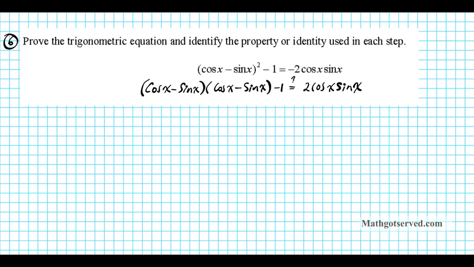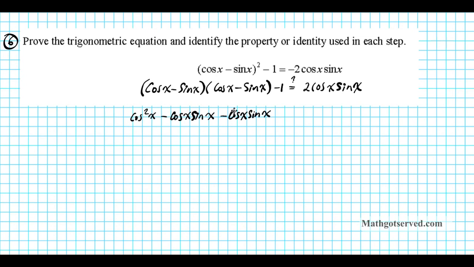First, outer, inner, last. So if we do the first, it's going to be cosine square x, outer, minus cosine x sine x, inner, minus sine x cosine x, but using the reflexive property of multiplication, I can write this as cosine x sine x.